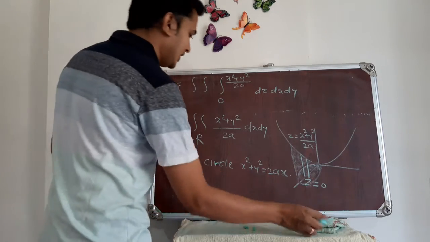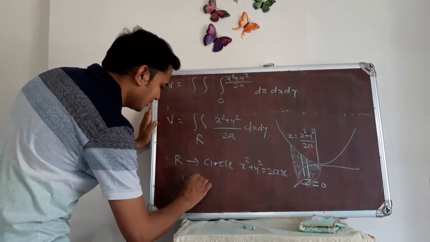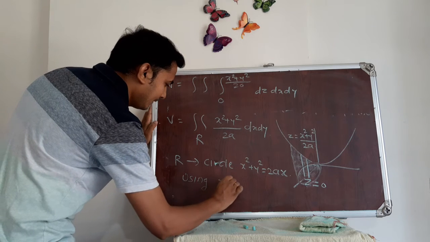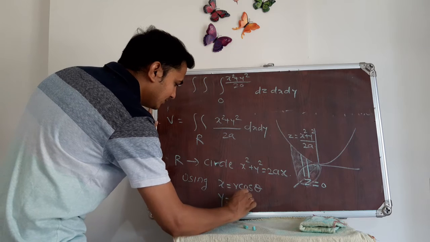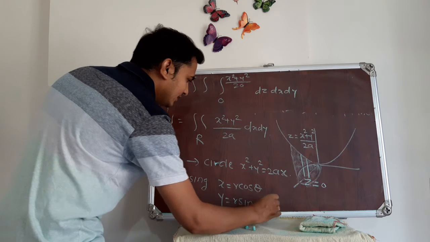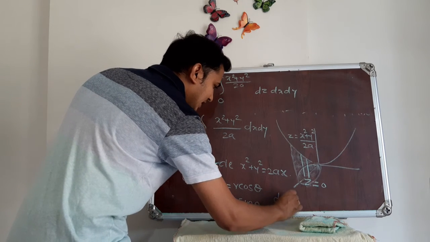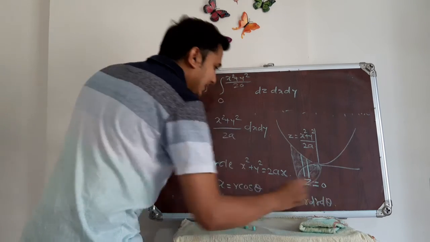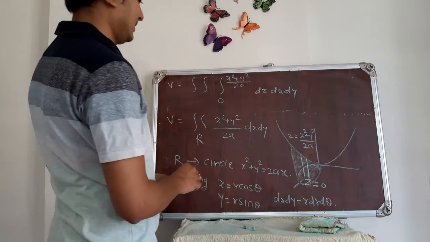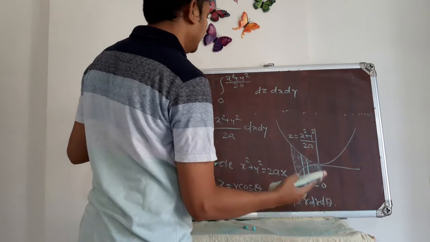So using polar coordinates, x = r cos θ, y = r sin θ, dx dy is r dr dθ. The question is about the limits of r.